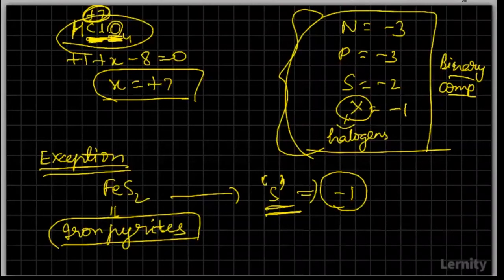But as an exception, by convention, the most common examples are ammonia and phosphine, where the negative part comes first and the positive comes later. Otherwise, please remember it's always the first one having a positive oxidation state and the other part having a negative oxidation state.